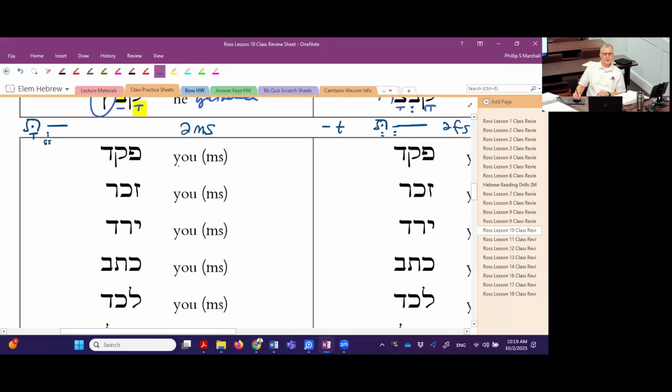Okay, so if I want to say you, a man, did something, that inflectional ending is 2ms, second masculine singular. What's it look like? It's ta added to the third root letter. Does root 3 think this ending is sexy or ugly? Ugly! Consonantal endings are ugly. So root 3 is going to want to stay in a closed syllable.